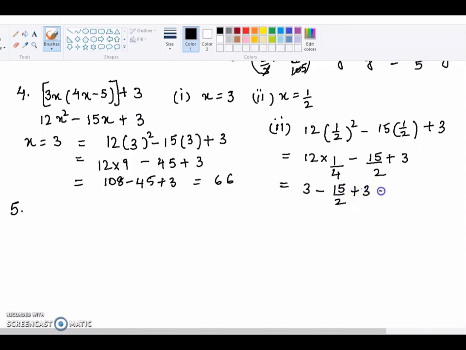Now here you can take the LCM as 2. So this will be 6 minus 15 plus 6. So 6 plus 6 is 12 minus 15. So 12 minus 15 by 2, that is minus 3 by 2. That is the answer.